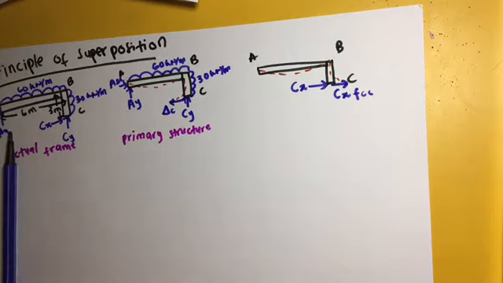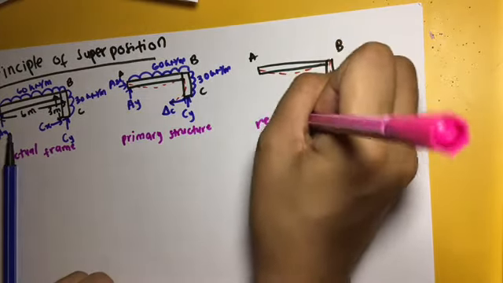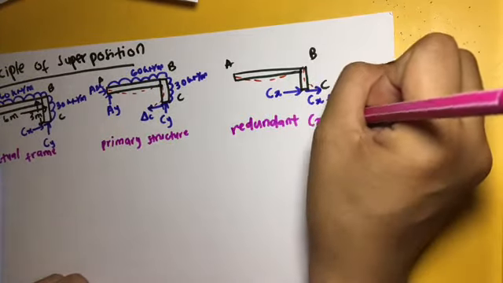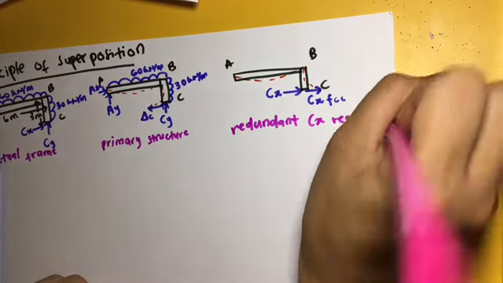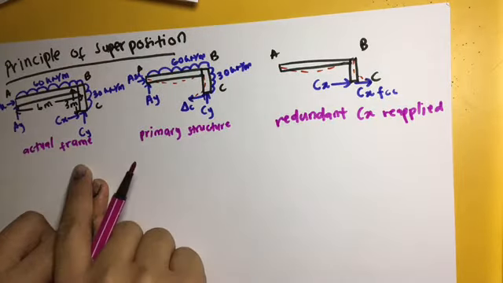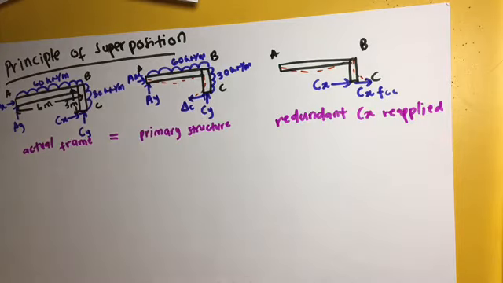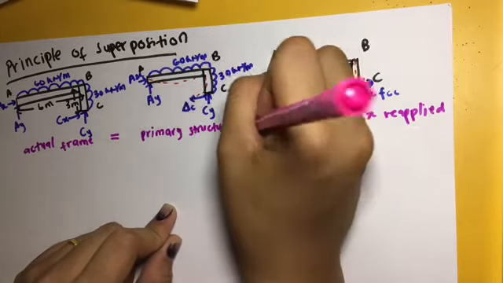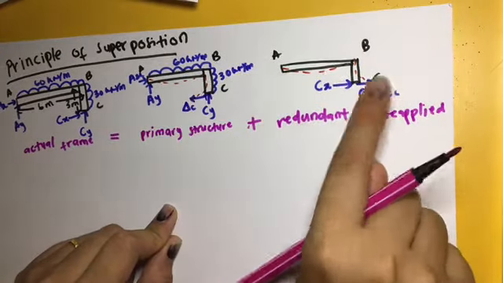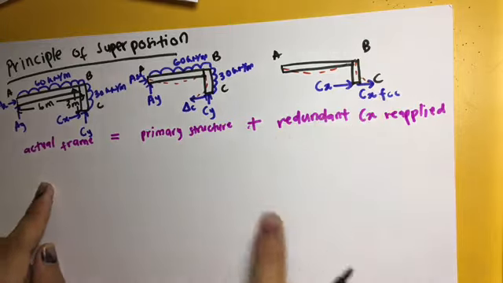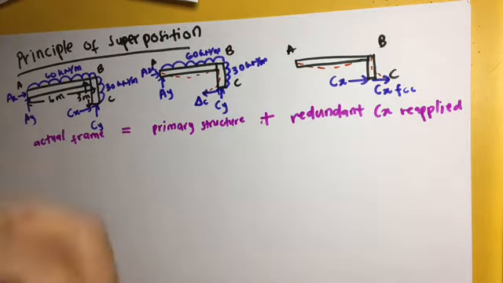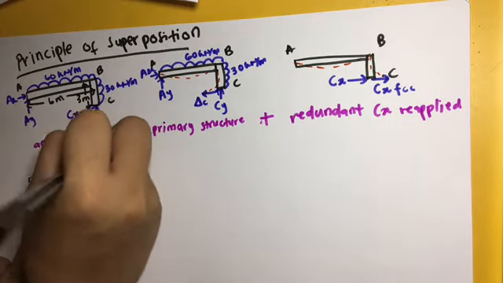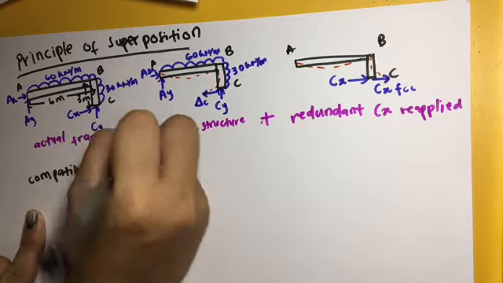So this is the redundant CX reapplied. As you can see here, the actual frame is the summation of the primary structure and the redundant applied. This one cancels this one, so that's why we have this. All right, so next we are going to write the compatibility equation.